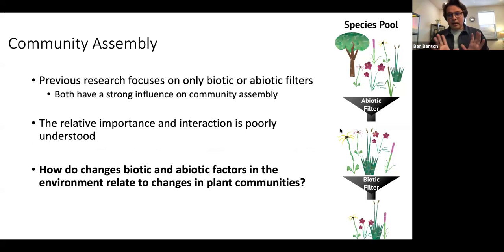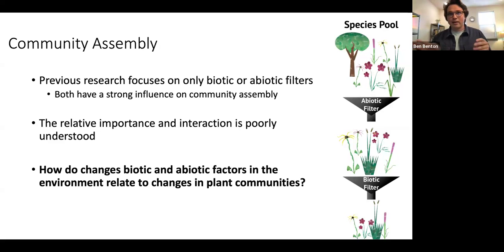So there's been a lot of research in the past that has focused on these biotic and abiotic filters and describing how they function, and they're really well supported. But there's not been a ton of research that has compared how these two filters interact with each other to influence the relative importance of each other.